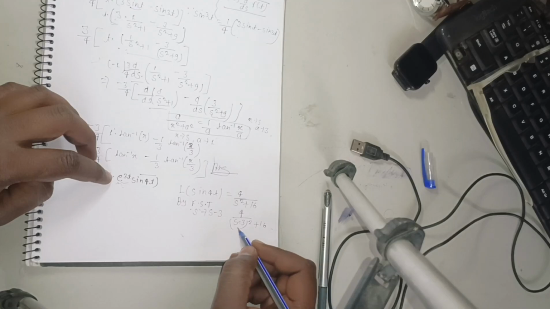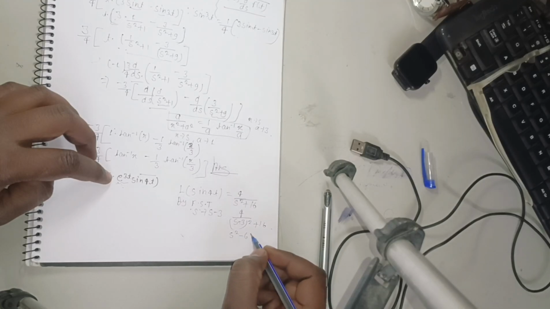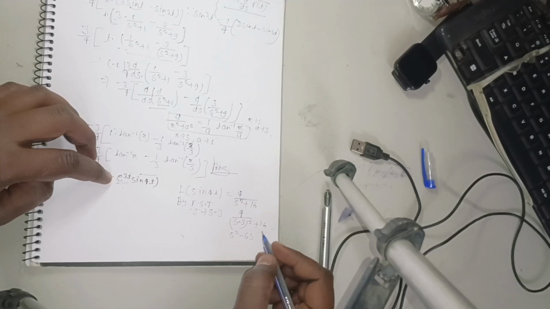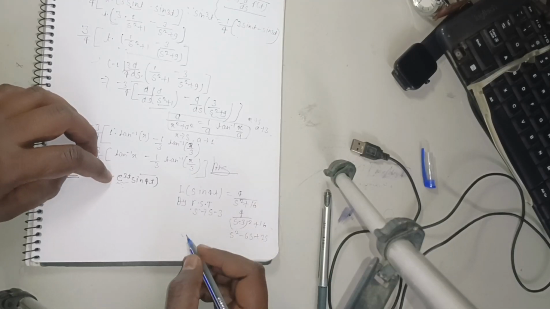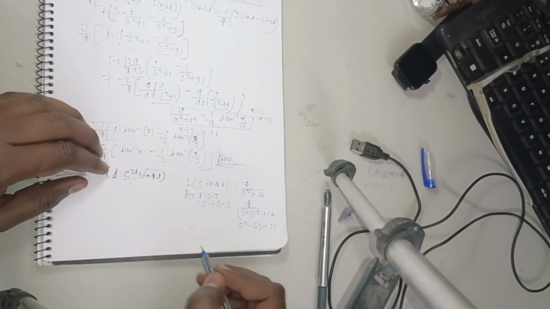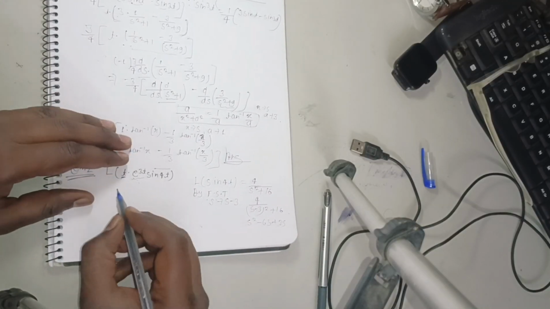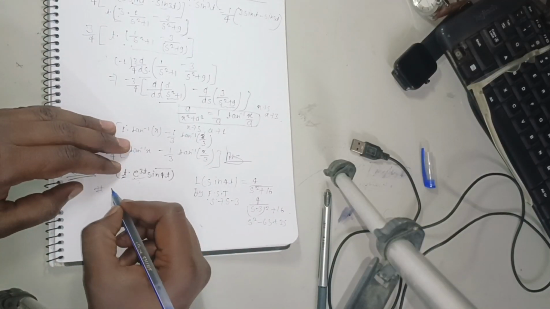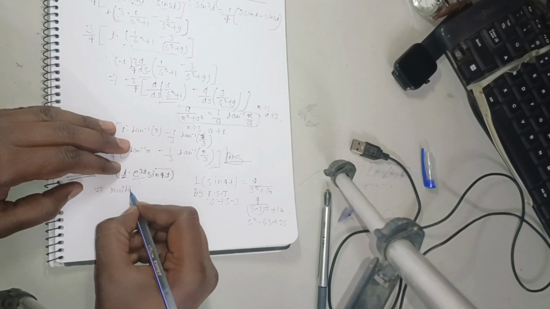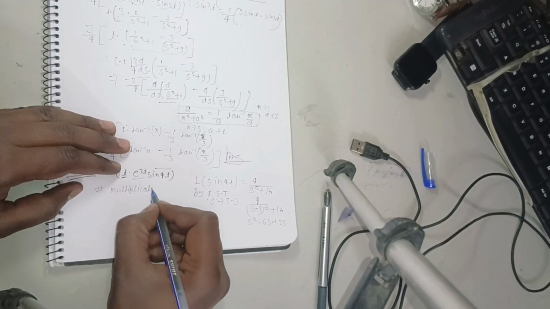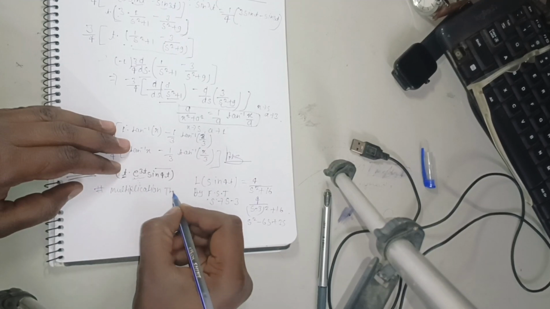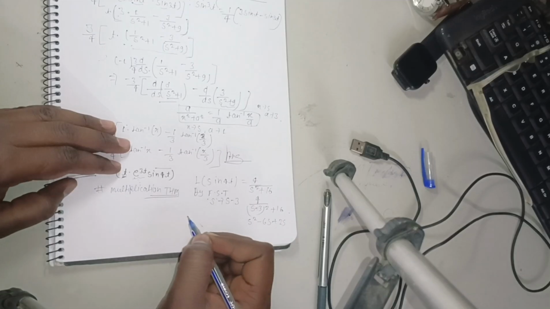If I open it, s square minus 2 times 3 is 6s, 3 times 3 is 9, plus 16, 9 plus 16 is 25. Okay, I'm writing it completely. So 25. Now simply use the multiplication theorem. What is the multiplication theorem?